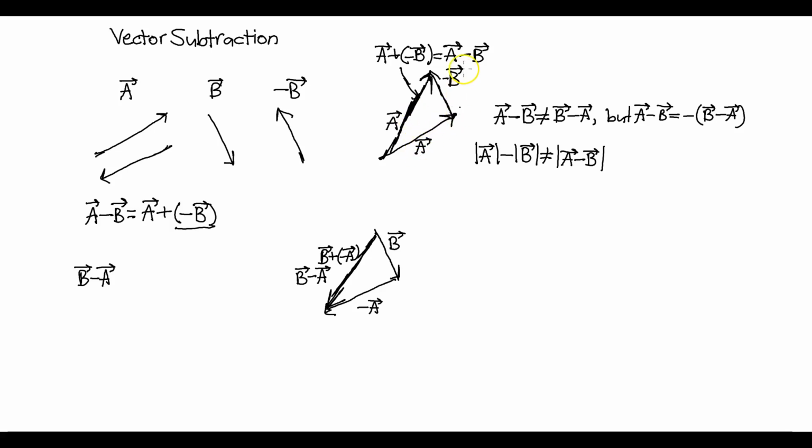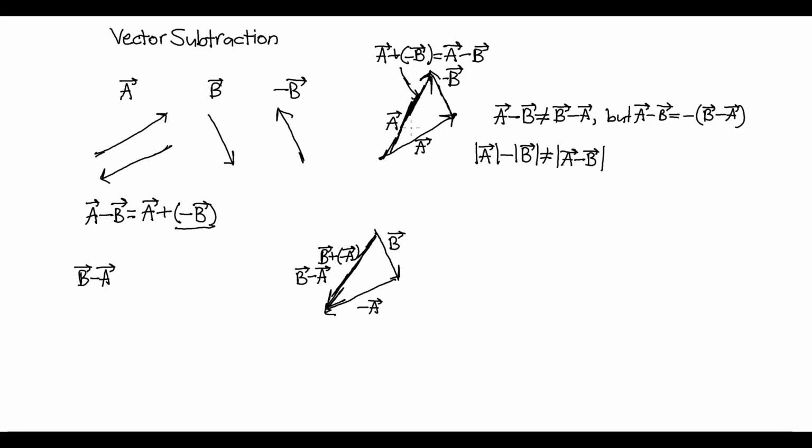The difference of the magnitudes should be clearly smaller, but the magnitude of A minus B is clearly longer than either of them. So the magnitudes of the vectors when subtracted do not necessarily equal the magnitude of the vector difference.